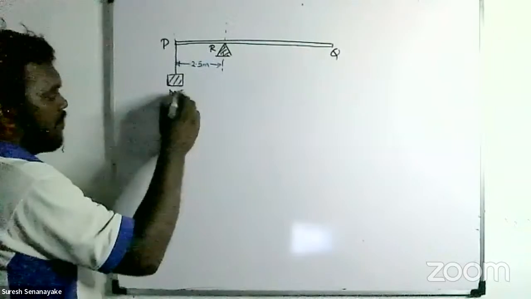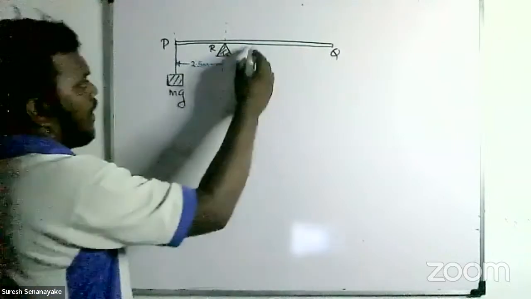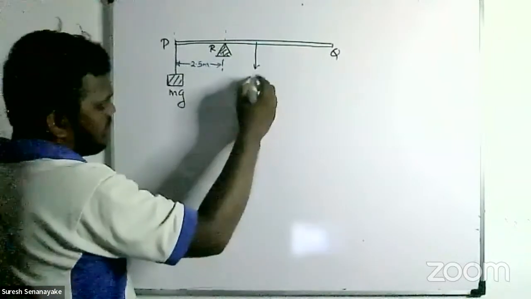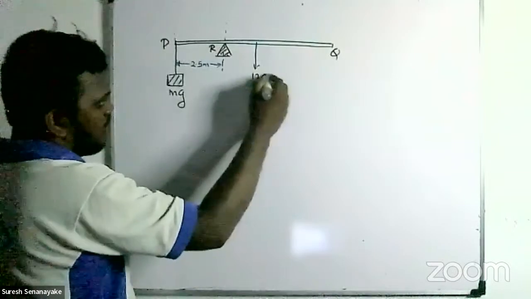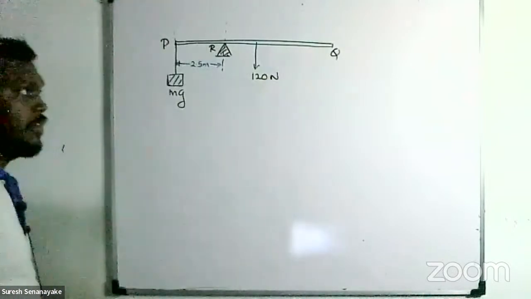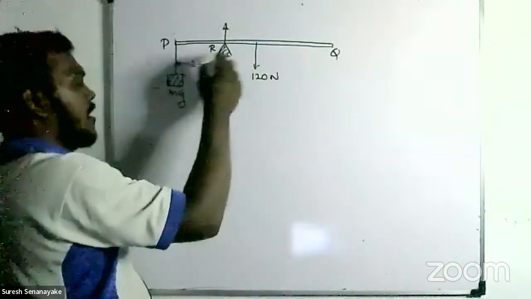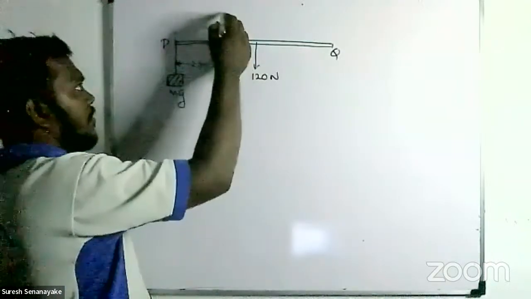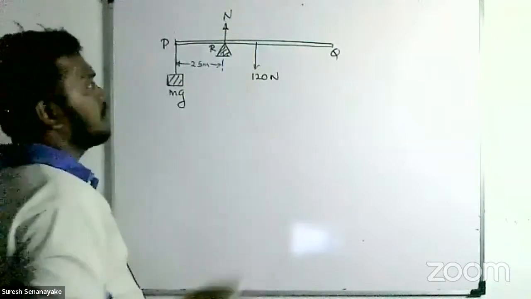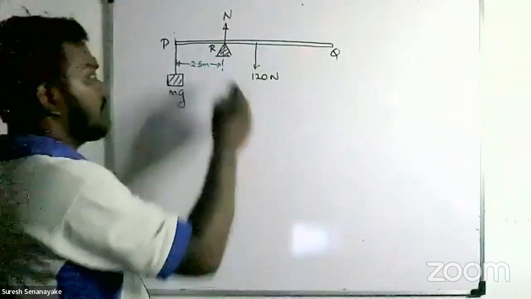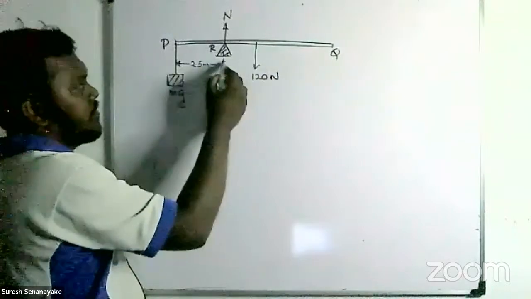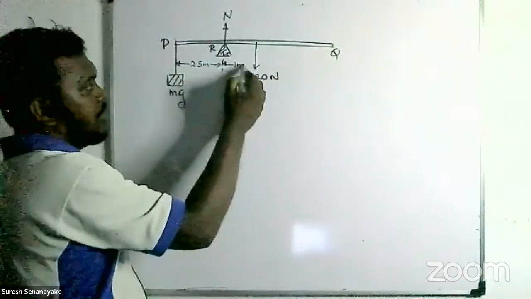Let's say mg is the weight there, and then the weight of the rod is 12 kilograms, 120 Newtons. And the reaction, let's say normal reaction N. The center of the rod is at 3.5 meters, so it is 1 meter from the pivot.